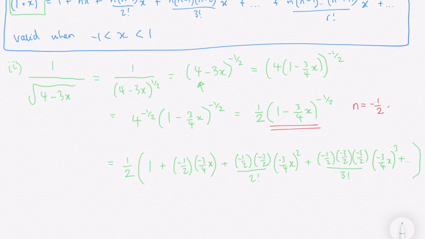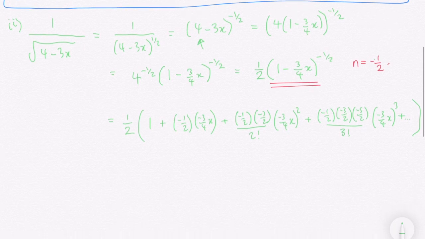So this is quite fiddly because there's lots of different numbers here, so we need to be very careful about simplifying this.